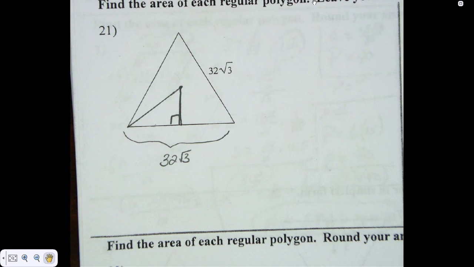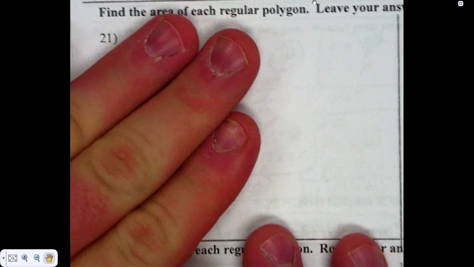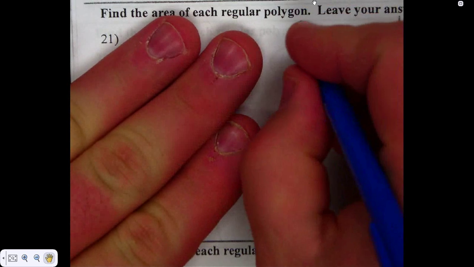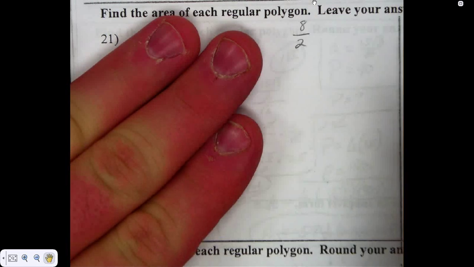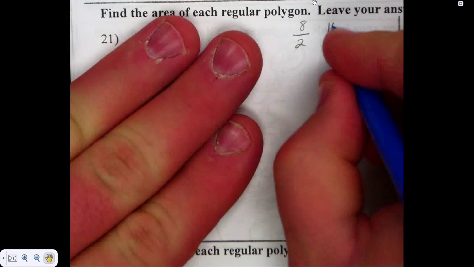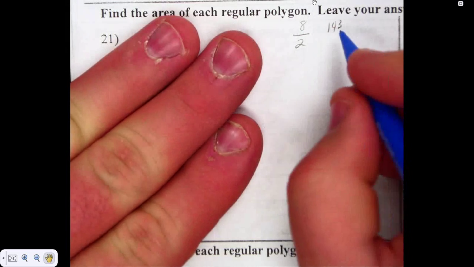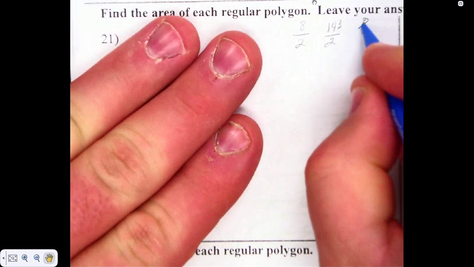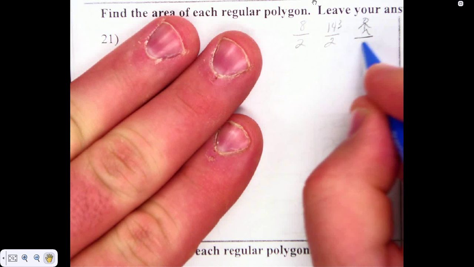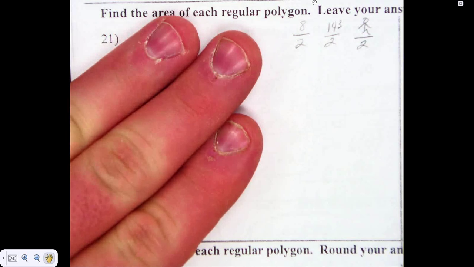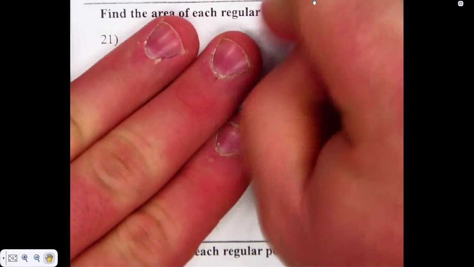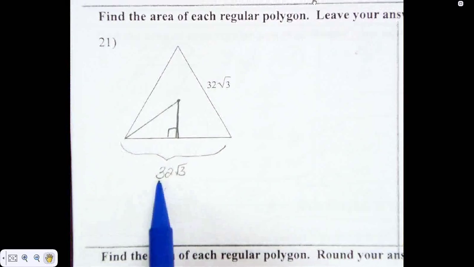No matter what something is, how do I cut it in half? Divided by 2. So 8, if I want to cut it in half, I divide it by 2. 143, if I want to cut it in half, I divide it by 2. If I want to cut Stickman in half, I divide him by 2. It doesn't change just because it's an ugly number like 32 square roots of 3.